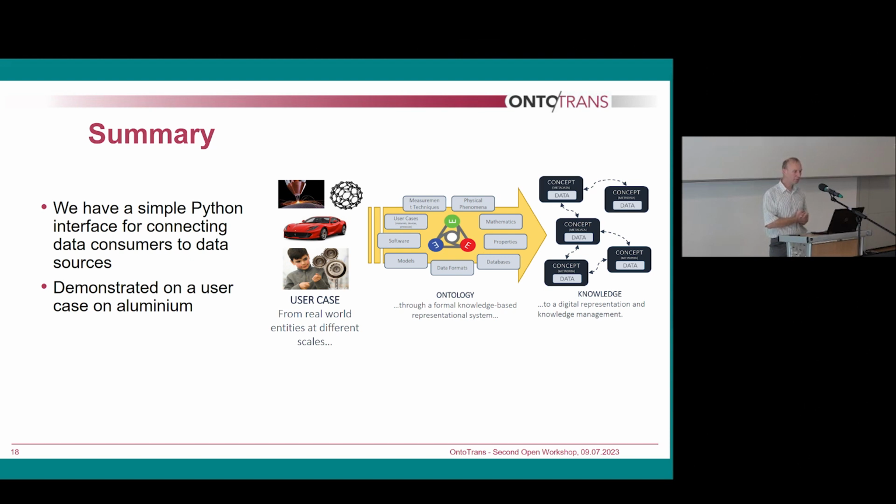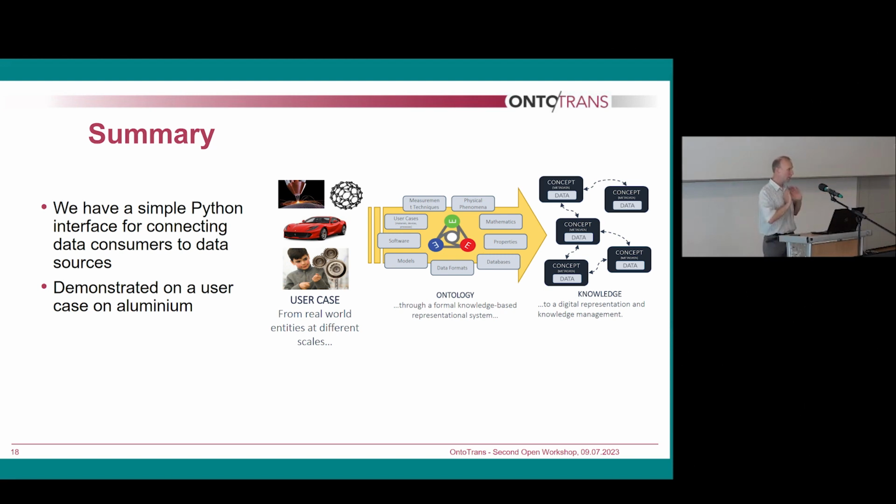Okay, then I'm starting to get to the final summary. What I'm trying to show you is that we now have a very simple Python interface, helping us, as a data consumer, to connect to different data sources and get the data in the form we want.